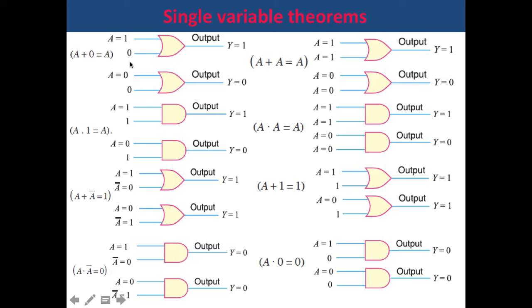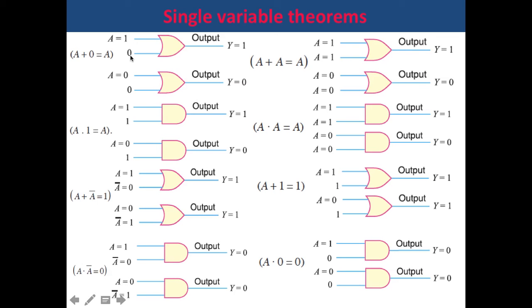And here we can prove all these theorems. So like first theorem, A plus 0 is equal to A. So here A value is either 1 or 0. In this input, A is equal to 1, 0, and this is the OR gate.